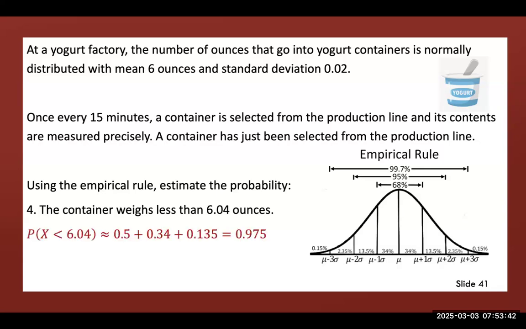Or you could add everything up, you're going to get the same answer. I'm just saying we know that everything to the left of mu is 0.5. So instead of putting that all in the calculator, we can just say, oh, that's 0.5, and then the other two parts we add with 0.5, and we get 0.975. So there's a 97.5% chance the container weighs less than 6.04 ounces.